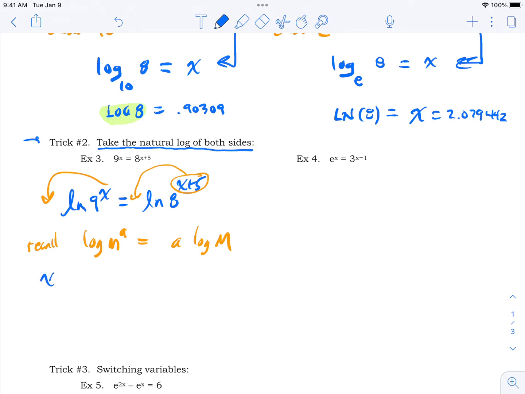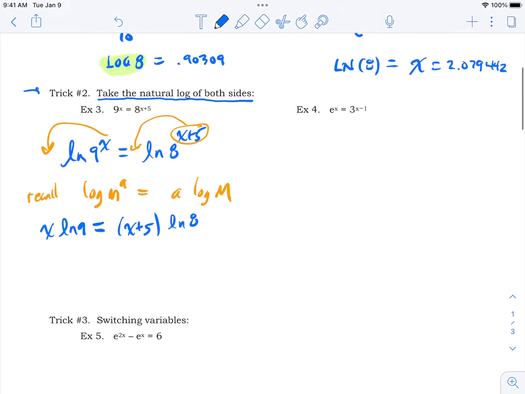So I've got x times the natural log of 9 on this side. And on the other side, I should put this in parentheses now, x plus 5 times the natural log of 8. X is on the ground. That's huge. That means we can solve for it. Now, you want to think of this as just some number times x, right?